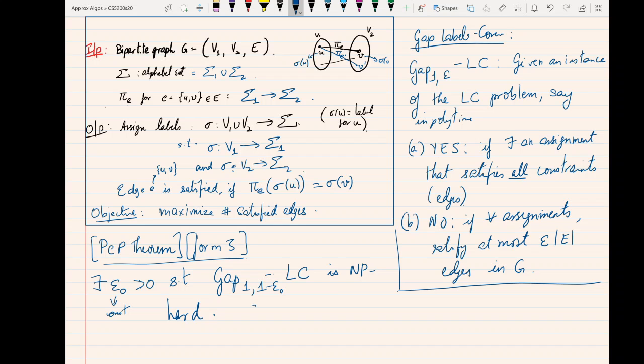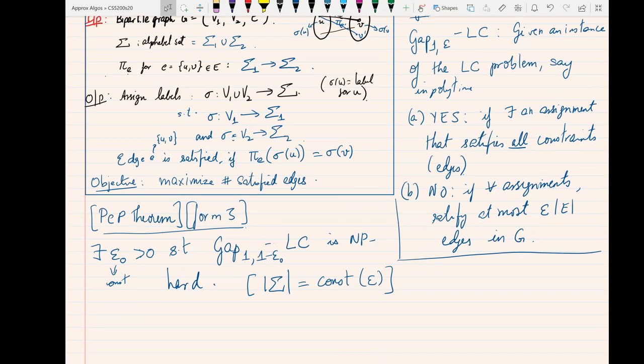In the instances that come up via this PCP theorem, sigma is the union of sigma 1 and sigma 2, and the number of elements in that is a constant, which depends of course on this epsilon. So the smaller your epsilon is, the smaller your label cover alphabet size will be, because 1 minus epsilon is closer to 1. Okay, so this was the original form of the PCP theorem that was proved.